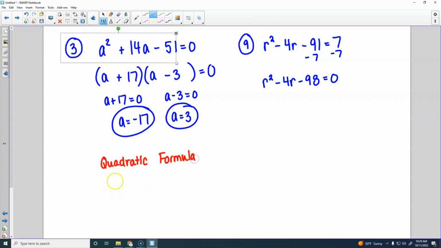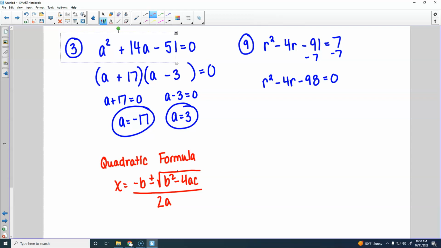Yep. So, opposite of b plus minus square root b squared minus 4ac all over 2a. So quadratic formula, you need to have it memorized.